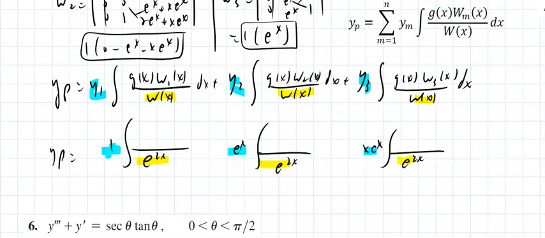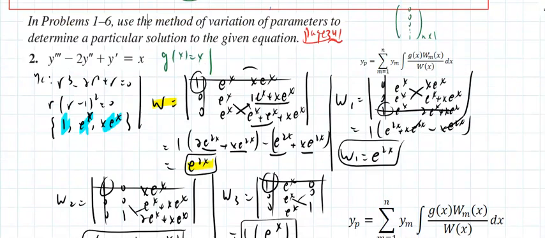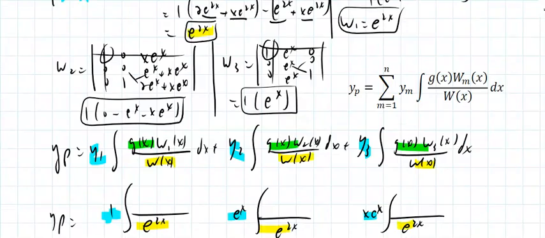Okay, and g of x is always what's on the right hand side. In this case, it's an x.